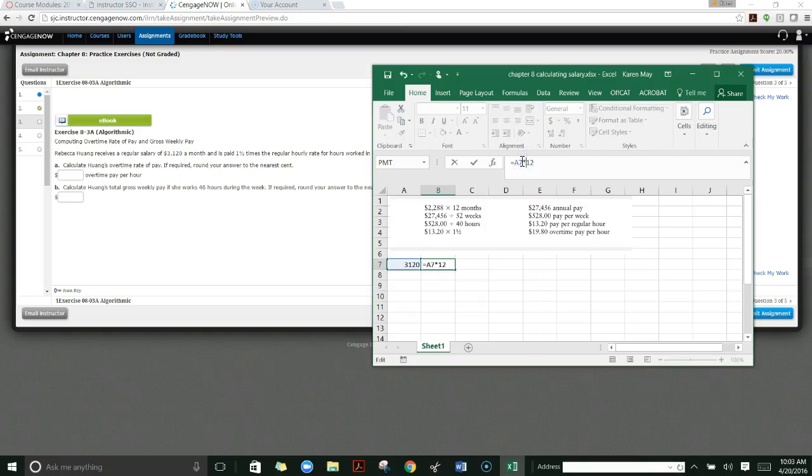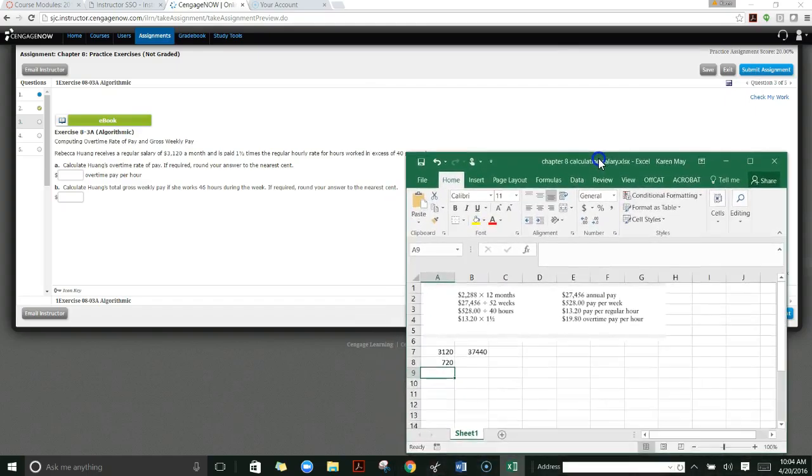Wondered why that was so low. Times 12. And then I need to divide it by 52 weeks. So equals the annual salary divided by 52 weeks in a year. So $720 would be their weekly salary.